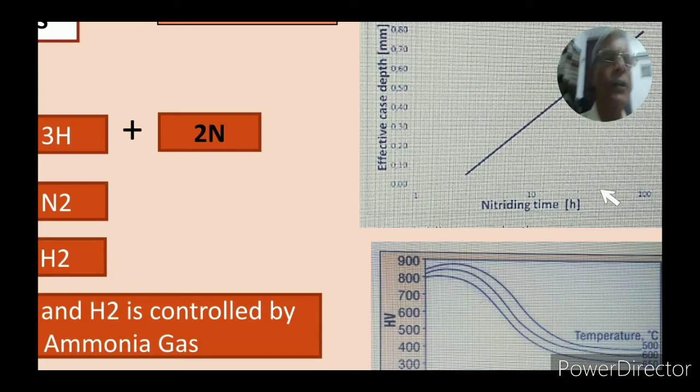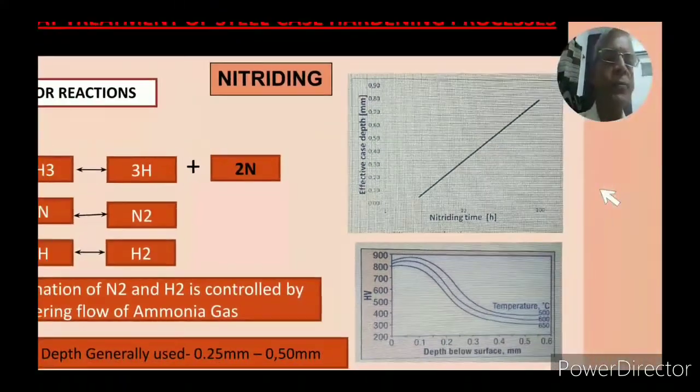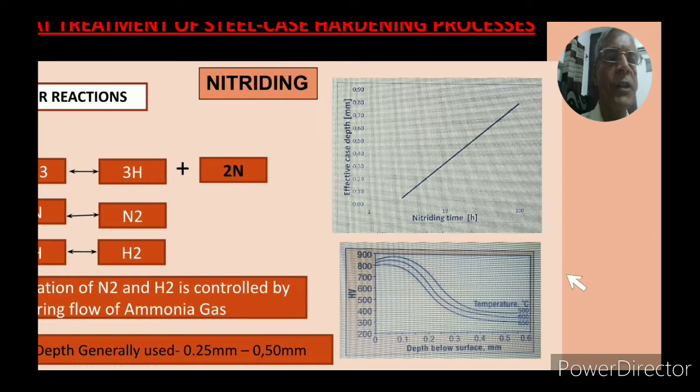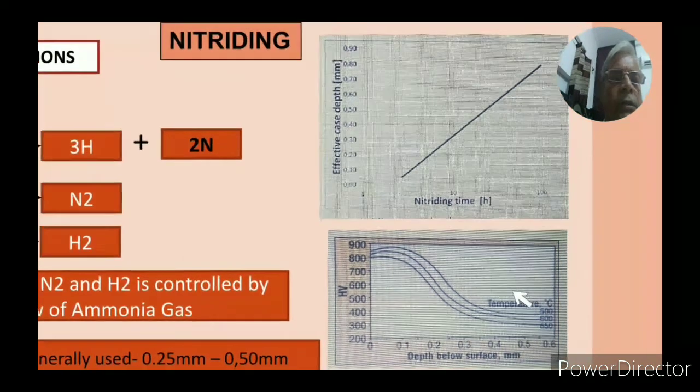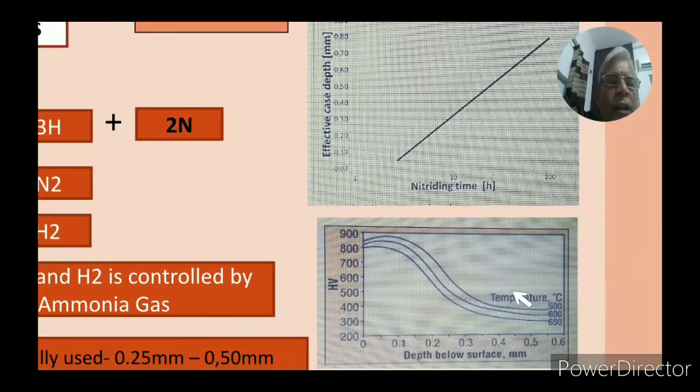Now about this diagram, which is down below. This diagram shows a relation between HV hardness and depth below surface. HV hardness is on the VPN scale, and depth below surface means case depth.